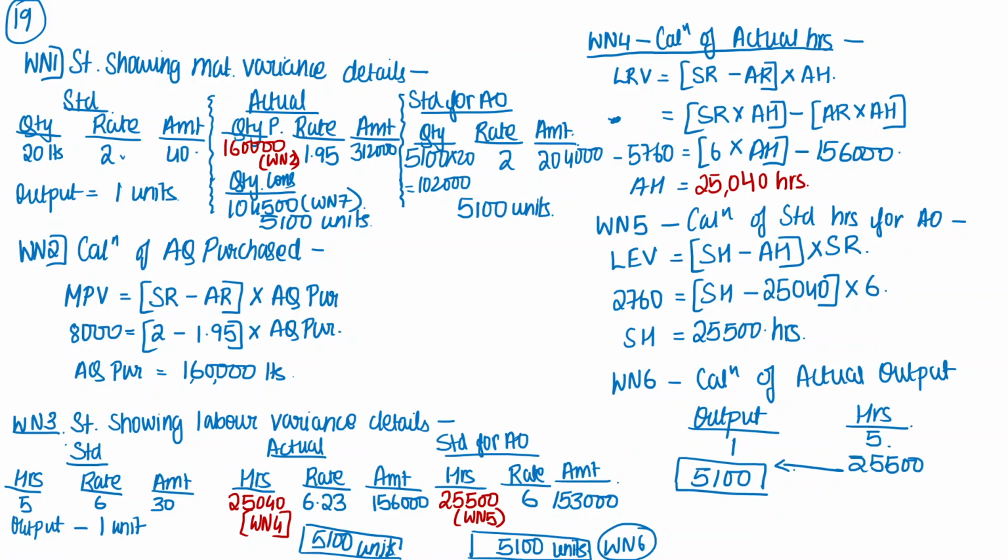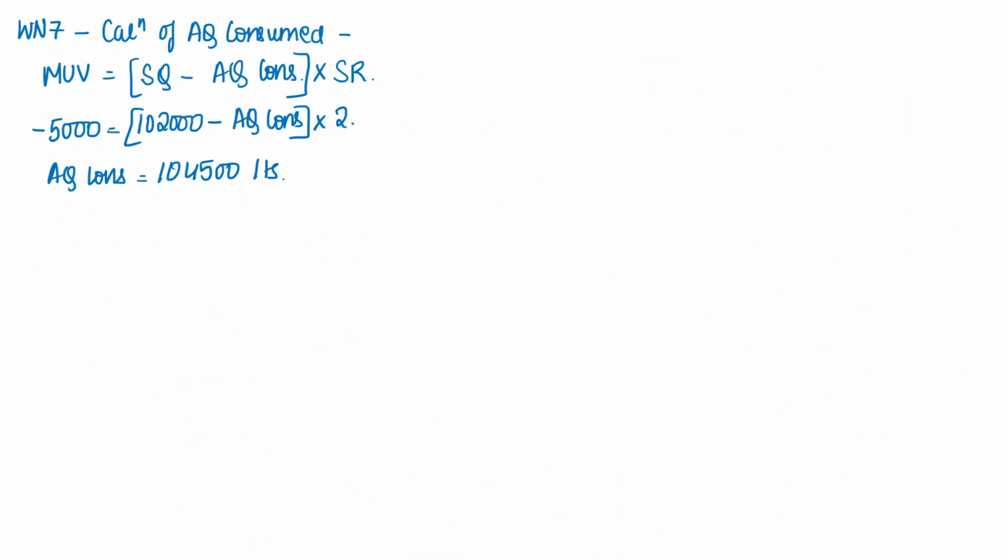Can we now go back to the question? Go back to your question. Answer number 1. Budgeted output in units. Did we calculate that? No, ma'am, we are not able to calculate that. Point number 2. Actual output. What is your actual output? 5,100 units. Yes or no?